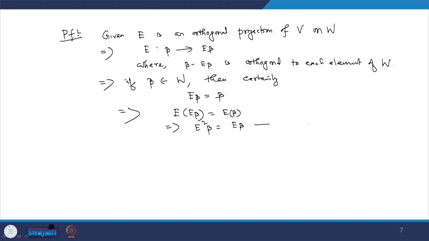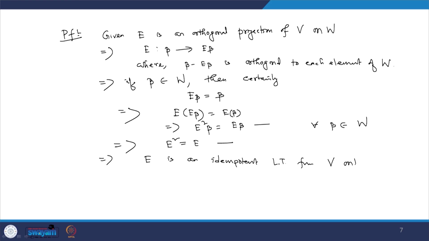This is true for all beta belonging to W. So, this implies E square equals E. So, this implies E is an idempotent linear transformation from V onto W. So, this is the first part of this result.